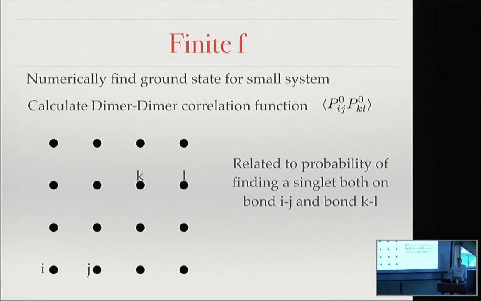There's probably a dozen different approaches people use. A typical one is you map it onto a height model, and then there's a Monte Carlo algorithm that you can use on that. We've thought a little bit about some Monte Carlo algorithms that will work on this model, but we haven't implemented any. So how big is the exact diagonalization calculation?